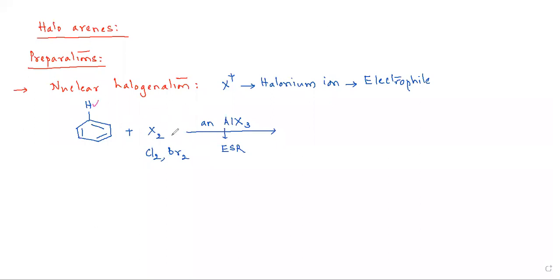I have already given the mechanism. You can see that in the benzene topic. But for now, we got halobenzene. Okay. A property of benzene, here it is the preparation method of haloarene, right?